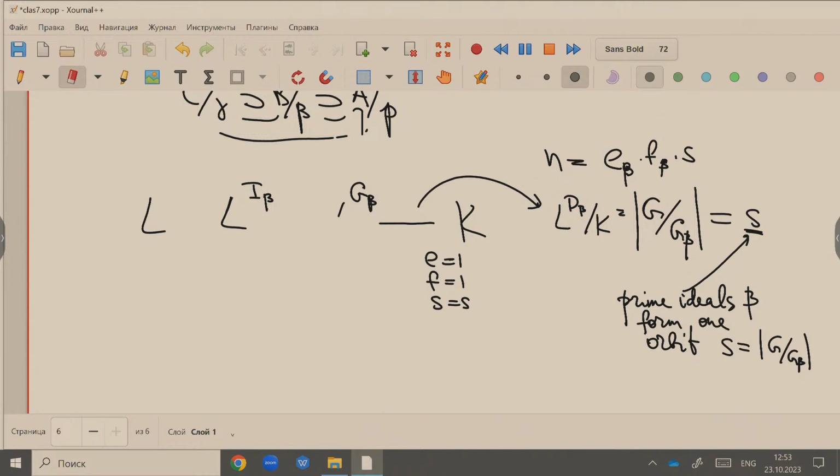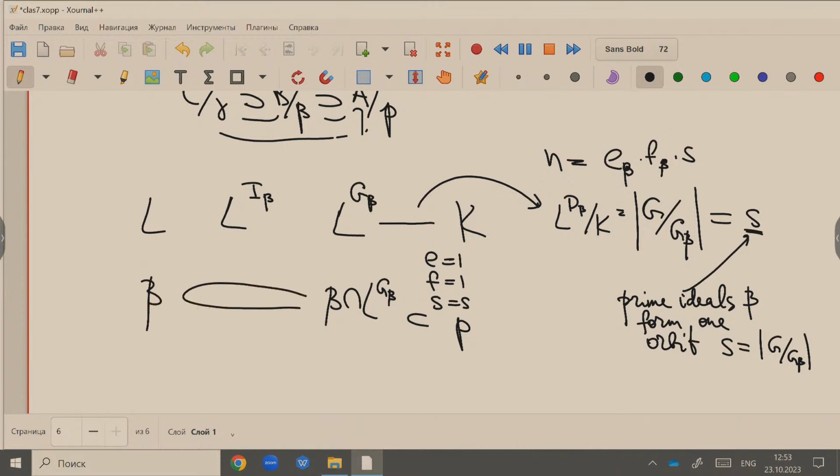So take the ideal that is obtained from beta by this intersection. So you may look at this ideal, which lies over P. And you may look at the ideal here. Well, here you have the ideal beta in L, that is lying over this ideal because it is in particular lying over P.